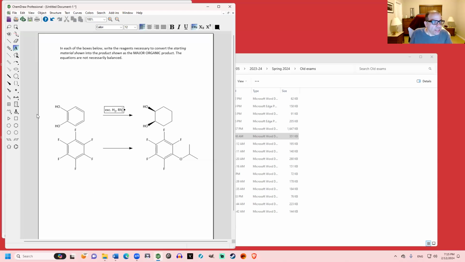The next one is a nucleophilic aromatic substitution reaction. The way you know that is because you're replacing a halogen with another group. And actually, in one of my classes today, I said hexafluorobenzene was a really good substrate for nucleophilic aromatic substitution. And the other one, I didn't get a chance to give this example. So what we're looking for is something that will put this group onto the aromatic ring.